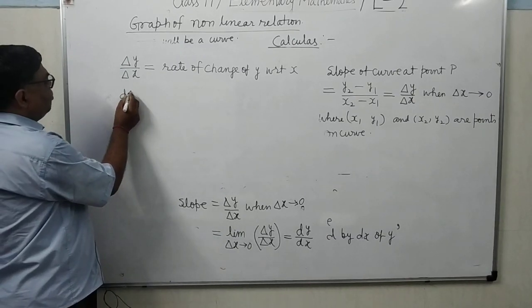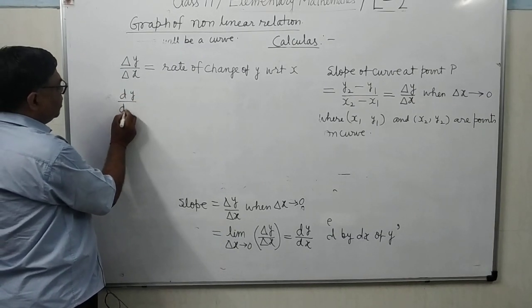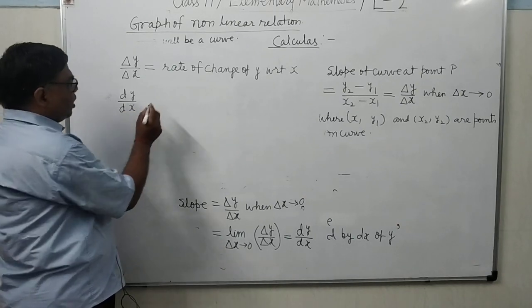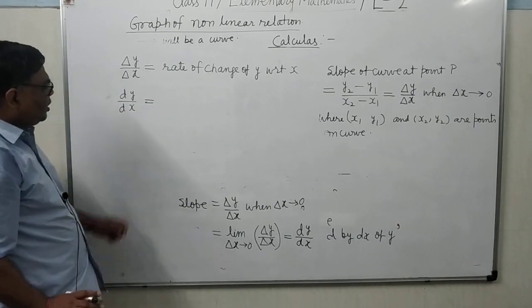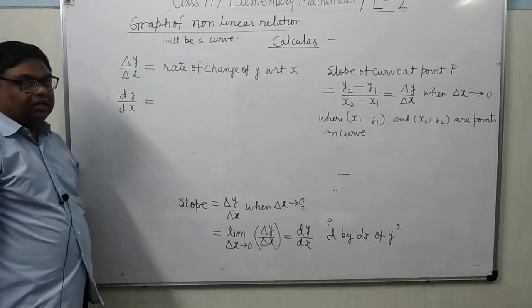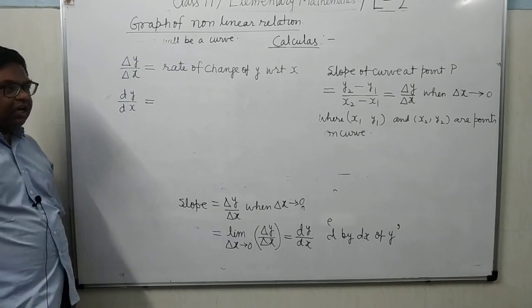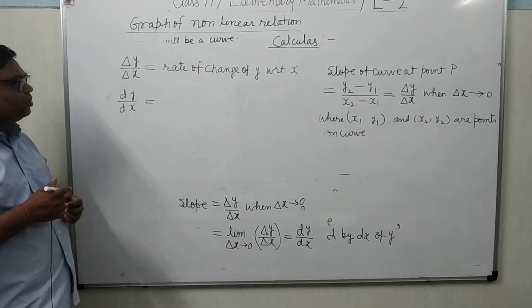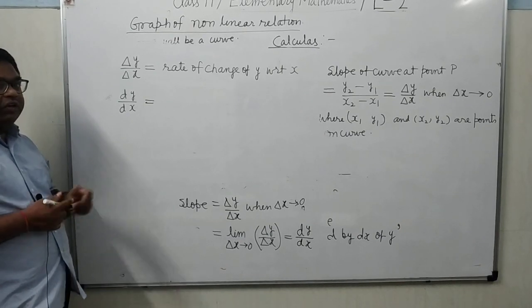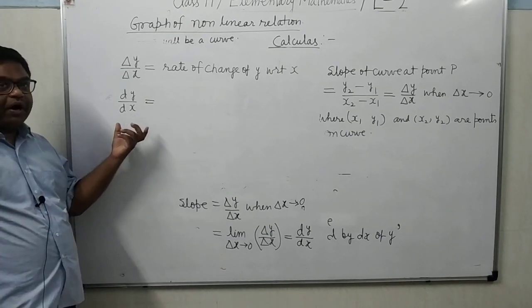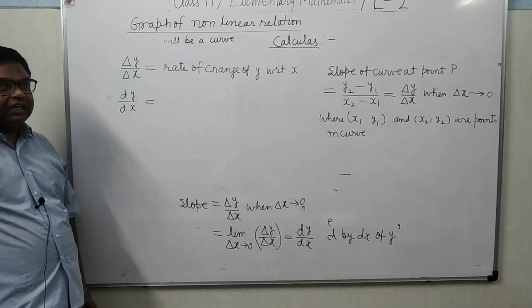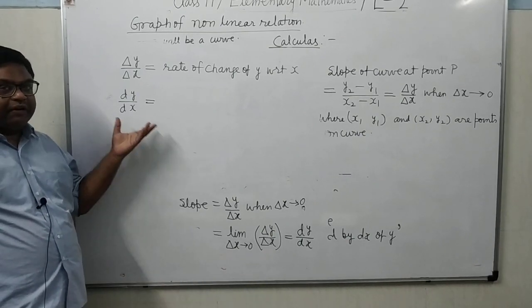What is d by dx of y? It is clear? Here d by dx is an operator. We call it an operator, but we don't go into so much detail. We are concerned only with that part which is required in physics. I am not going into the detailed mathematics of this.